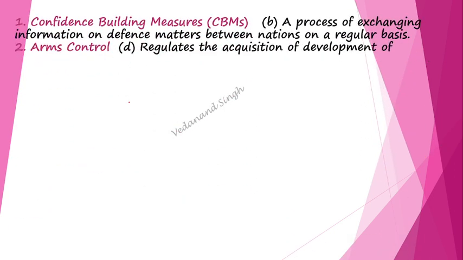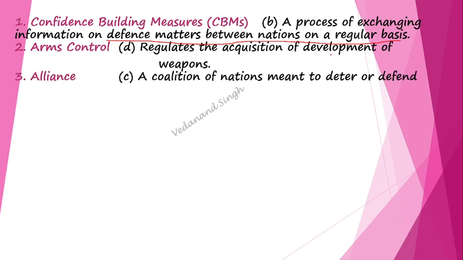The answer to the first is confidence building measures, CBMs. It is a process of exchanging information on defense matters between nations on a regular basis. The second is arms control. Arms control generally regulates the acquisition or development of weapons. The third is alliance.